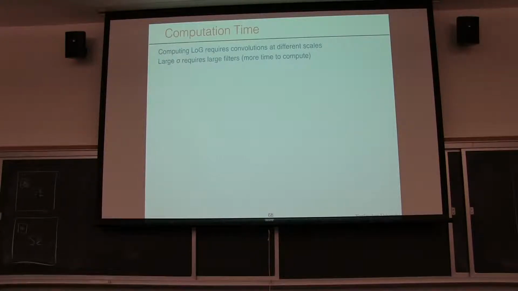So the bigger sigma is, the bigger my filter is, and the bigger the filter is, the more expensive it is to pass it through the image. So computing these LoG features at many scales becomes expensive.